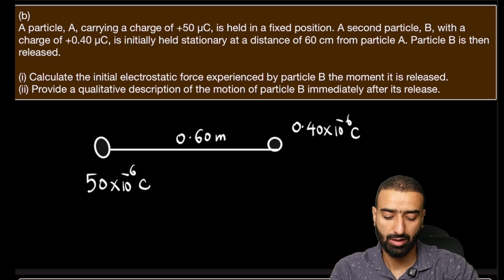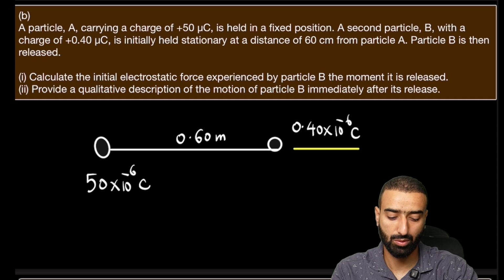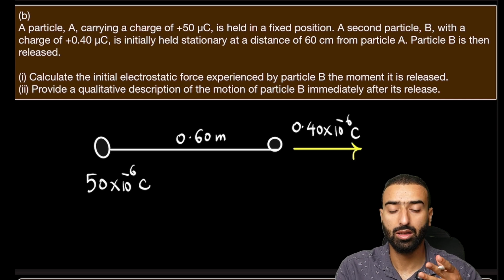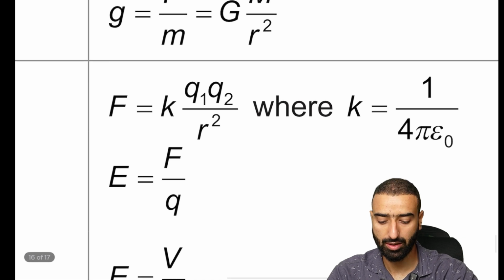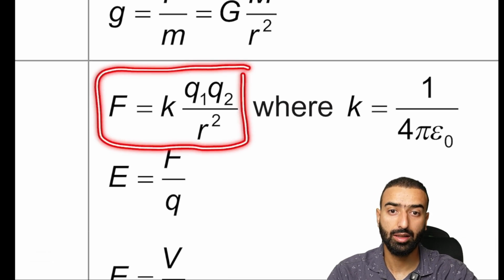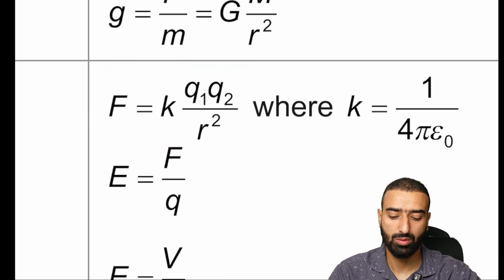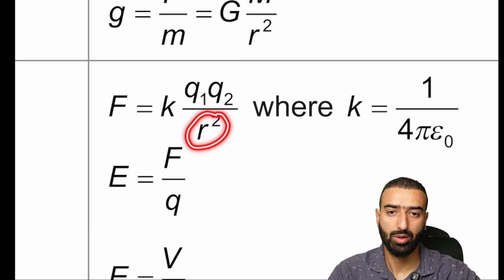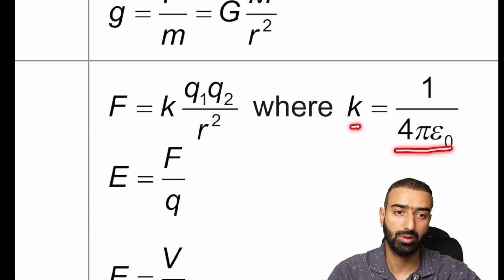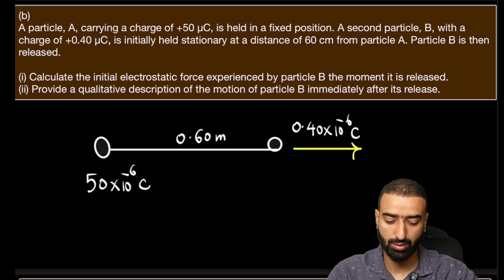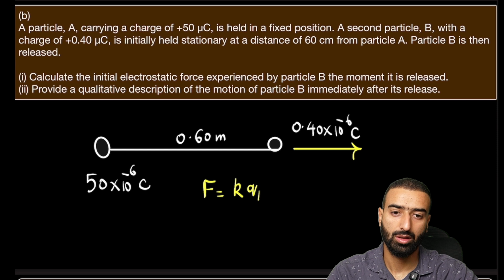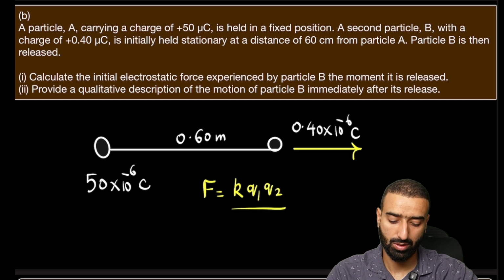The force of repulsion can be found using Coulomb's law. Coulomb's law is given in our data booklet over here: k Q1 Q2 over r squared, where k is itself a constant equal to this particular quantity. So let's write Coulomb's law, which is F equals k Q1 Q2 over the distance separating them squared.